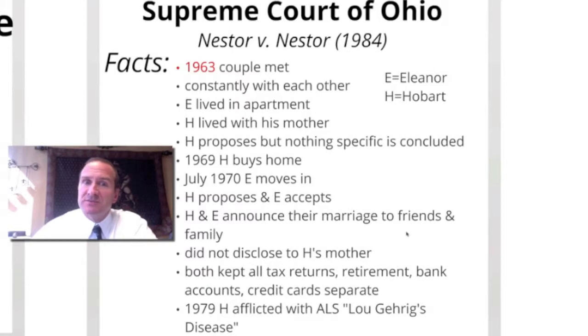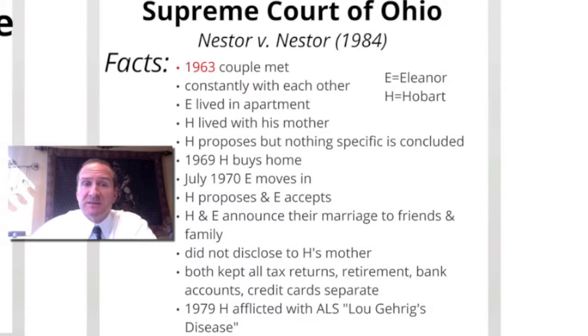My understanding is that at this time, even though it was a long time ago, these people had already been divorced, so they weren't necessarily youngsters. But Hobart proposes to Eleanor, and nothing specific is concluded. In 1969, Hobart buys a home. My understanding is that that was exclusively in his name only.